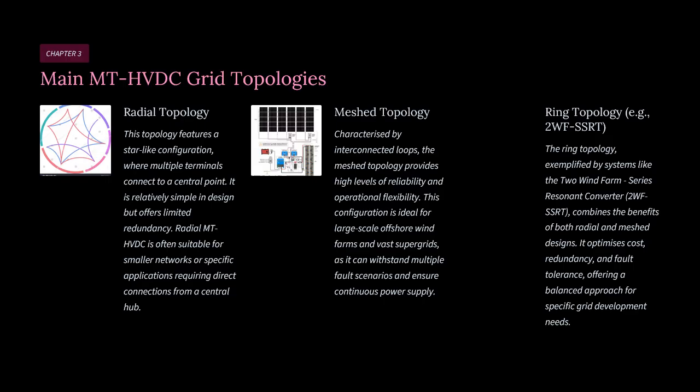Hybrid topology, exemplified by systems like the two wind farm series resonant converter, combines the benefits of both radial and ring designs, optimizing endurance and fault tolerance, offering a balanced approach for specific grid development needs.